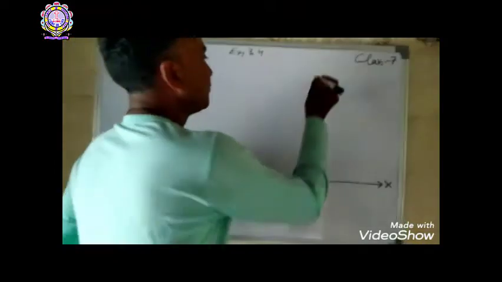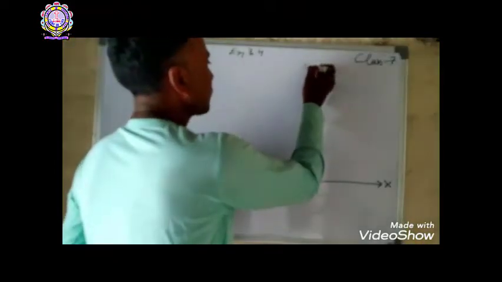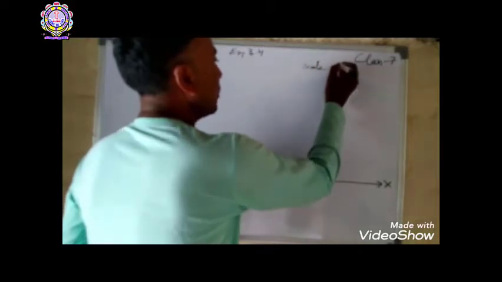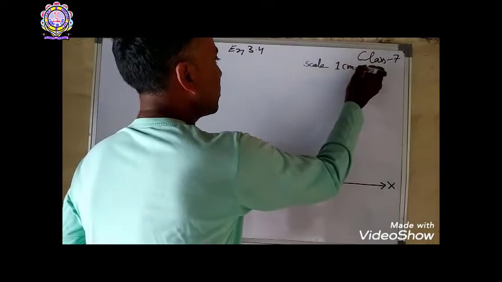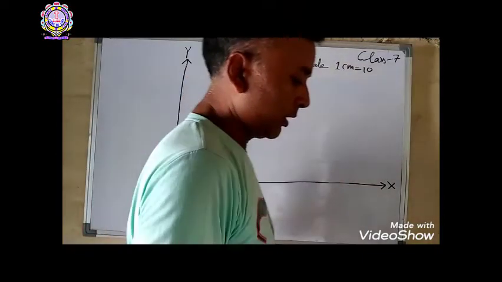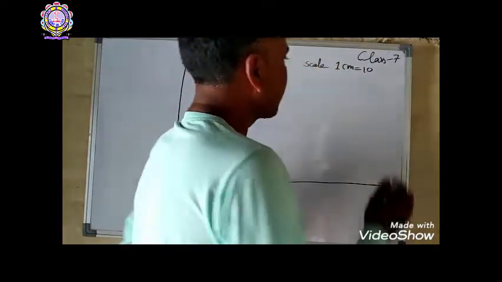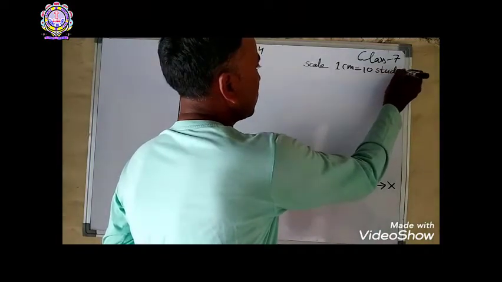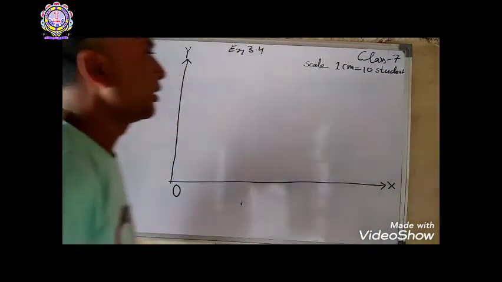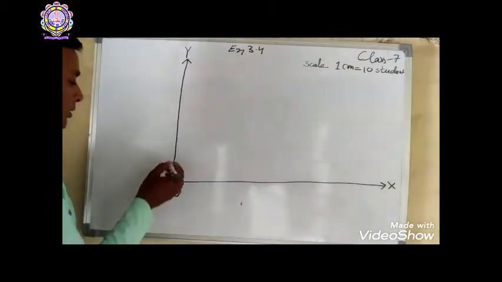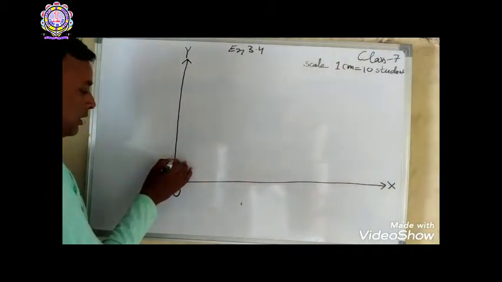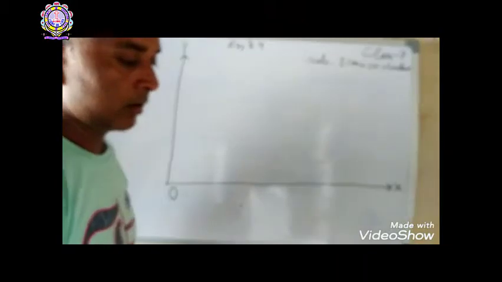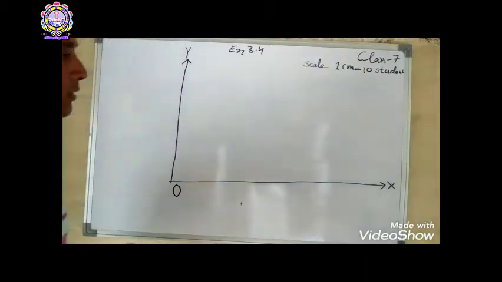And the scale: 1 centimeter equals 10 students. So first divide it into equal parts.